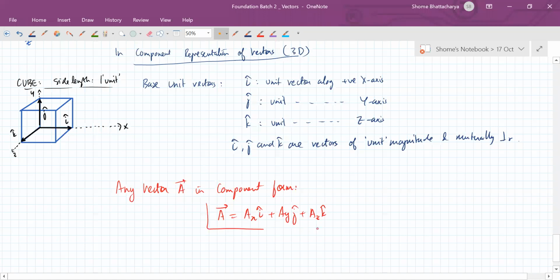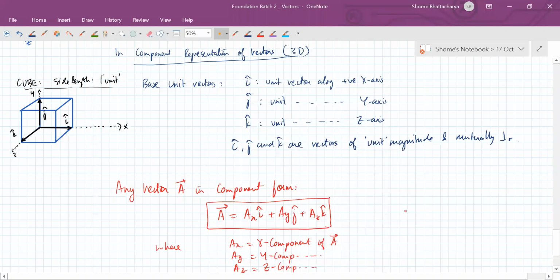This is how we will represent a vector in component form, where Ax is what we call the x component of the vector A, Ay is the y component of the vector A, and Az is now the z component of vector A. Okay.